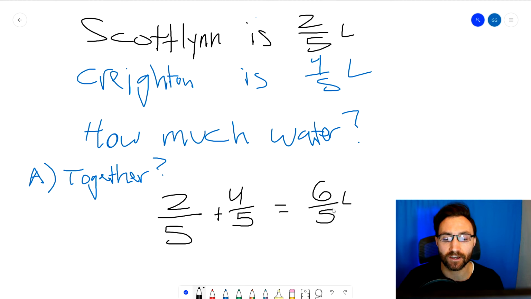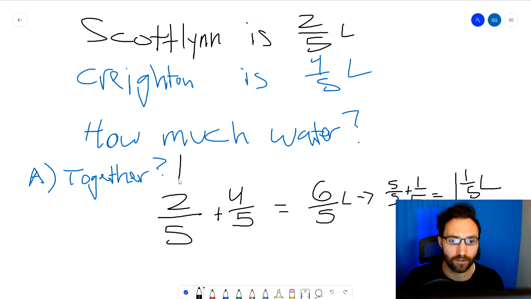Now, what is 6/5 in a mixed number? This goes to 5/5 plus 1/5 equals 1 1/5 liter of water.